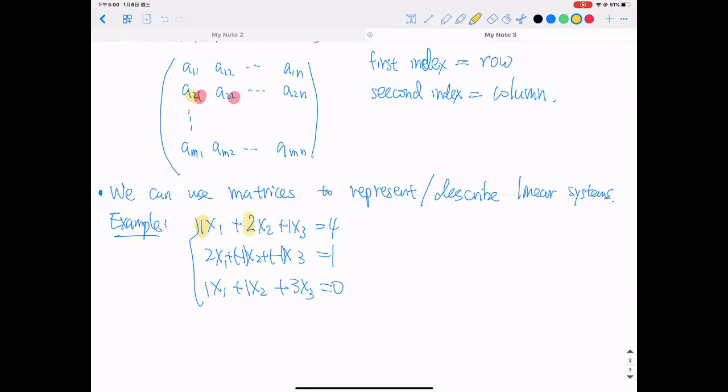To describe this linear system, you need to know these numbers in front of the variables, and also the numbers appearing on the right-hand side.